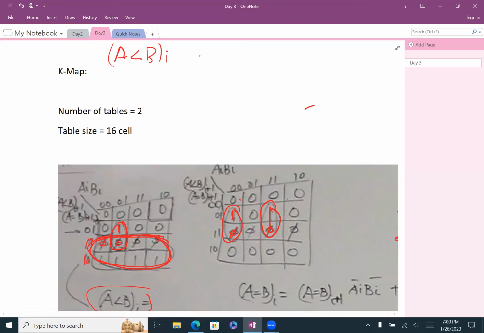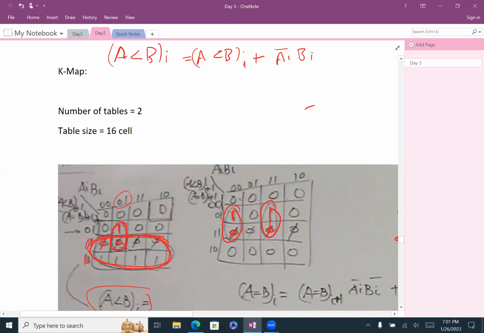It's A less than B at I, correct? Or with what? With these 2, correct? What is the common here? We need both of them. What's both of them? It's going to be A bar B at I, correct?